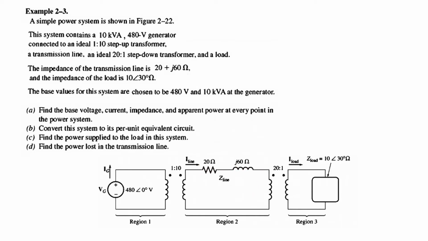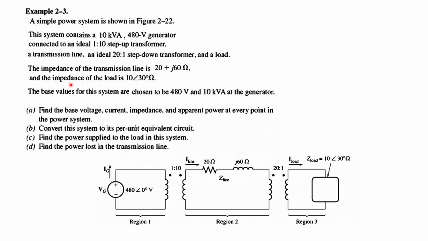It has its own impedance. The impedance of the transmission line is 20 angle 60, so 20 and 60. And then it is connected to an ideal 20 to 1 step-down transformer, with which the load is connected.